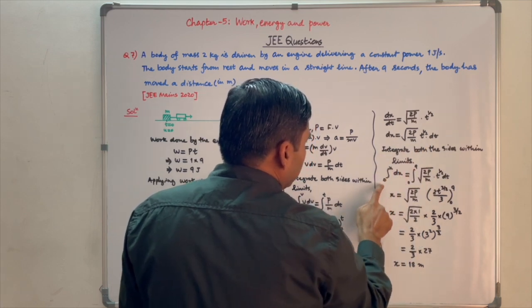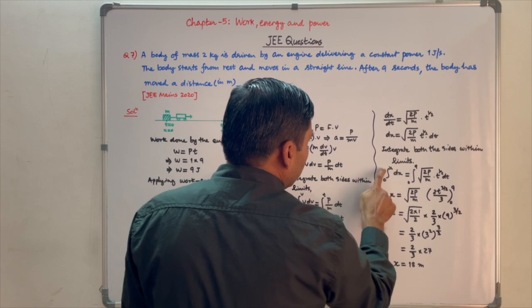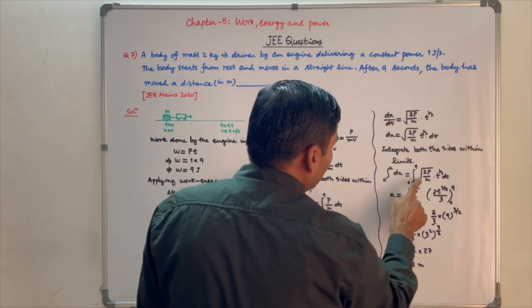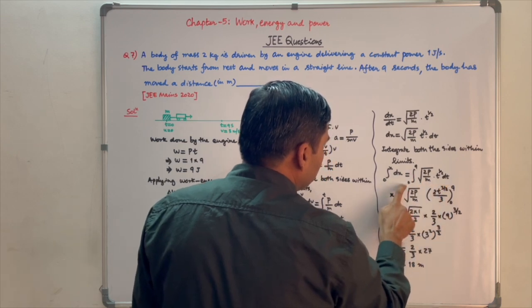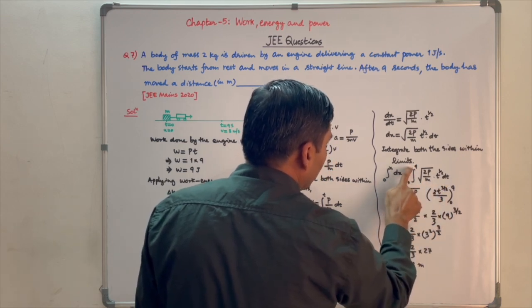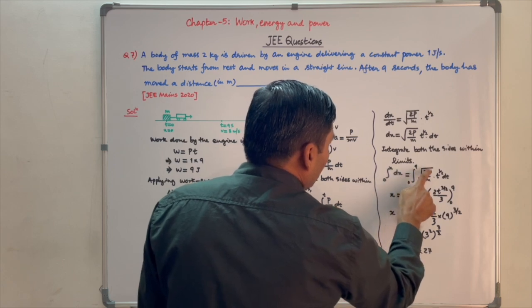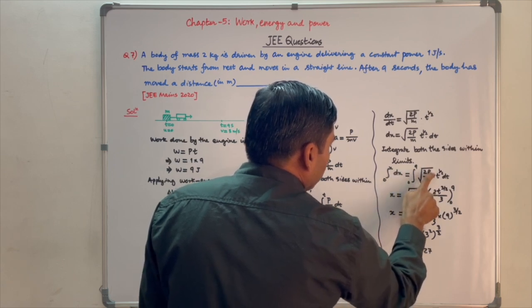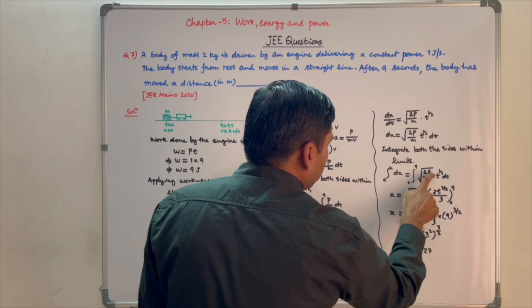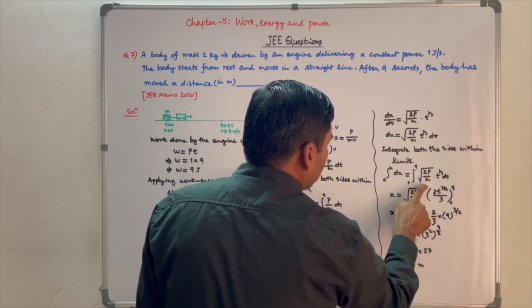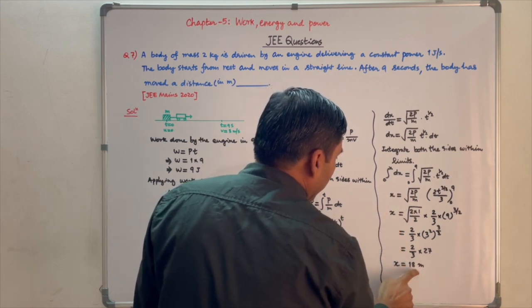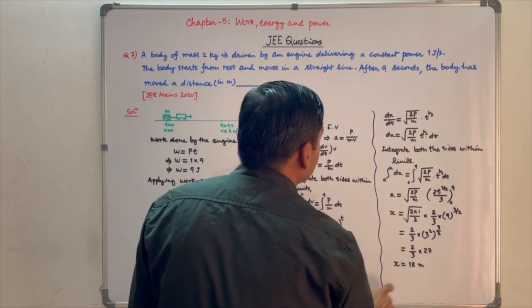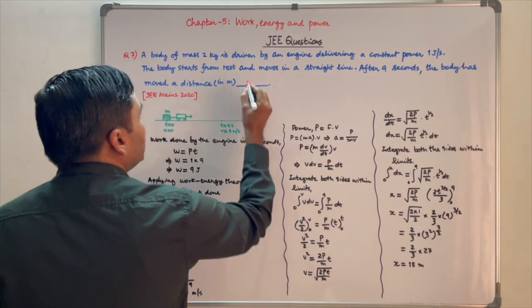So we get integration of dx from 0 to x is equal to integration of root 2P upon m t to power 1 by 2 dt from t is equal to 0 to t is equal to 9. Root 2P by m is constant, as power is given constant 1 joule per second. Mass is constant, that is given as 2 kg. So this gives x is equal to 18 meter. That is our answer. So the answer is 18 meters.